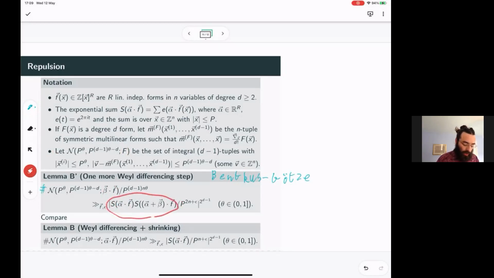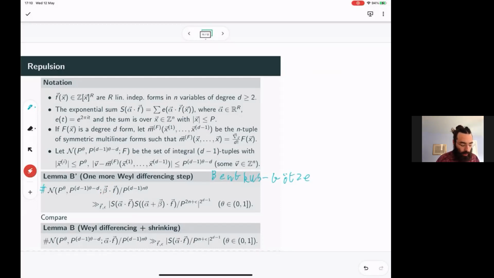And the idea here is that one can actually take two different points, ask for the exponential sum to be large at both of them, and then you get to plug in the difference between those 2 points as your parameter in your Diophantine inequalities.